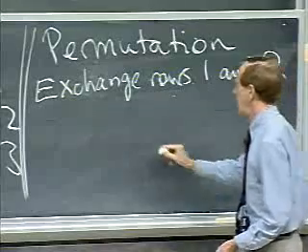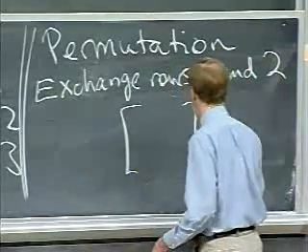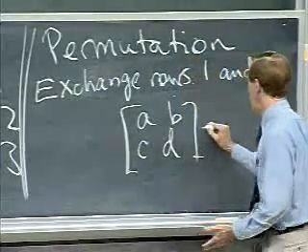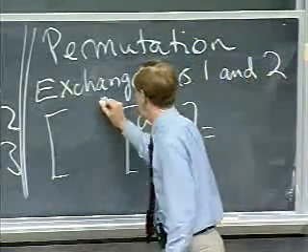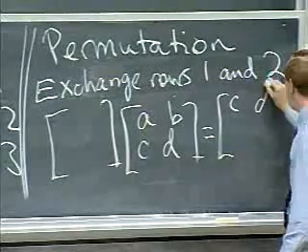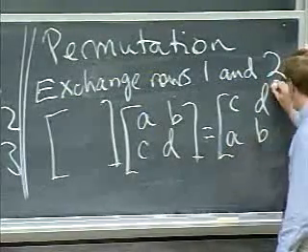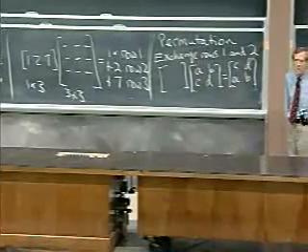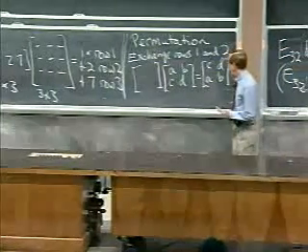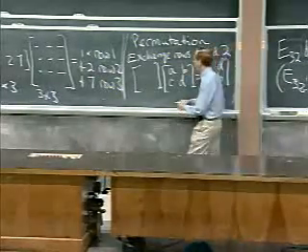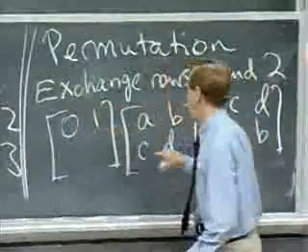So if I had my matrix, let me just do 2 by 2, A, B, C, D. Suppose I want to find the matrix that exchanges those rows. What is it? The row I want is CD, and it's there. So I take one of it.